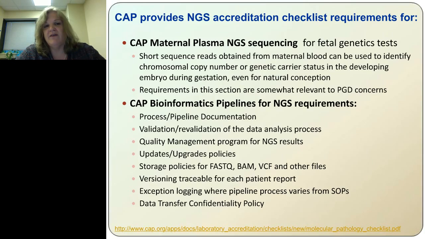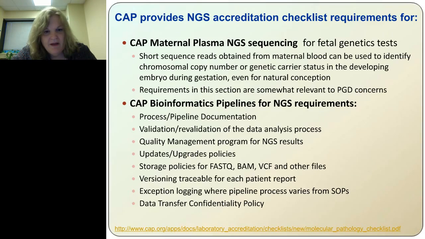So all those files are quite large. BAMs are slightly smaller than FASTQs, and VCFs are slightly smaller than BAMs, but they're all very large. So we should have versioning traceable for each patient report.